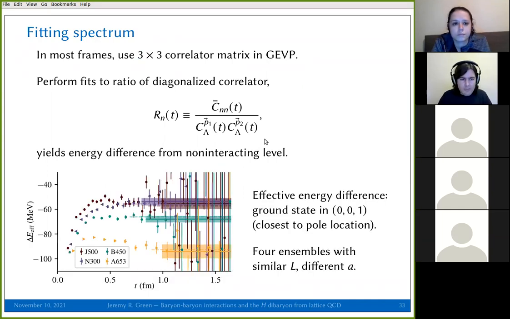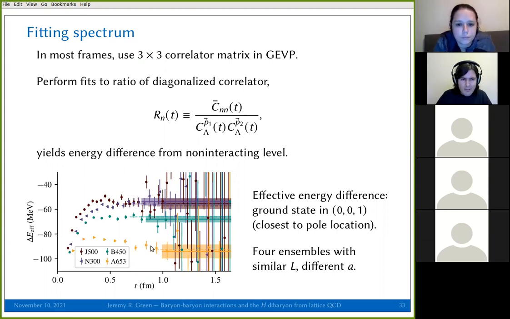And so here is some typical example where these are 4 different lattice ensembles that have roughly the same volume, but different lattice spacings, and showing the effective energy difference for one particular state.